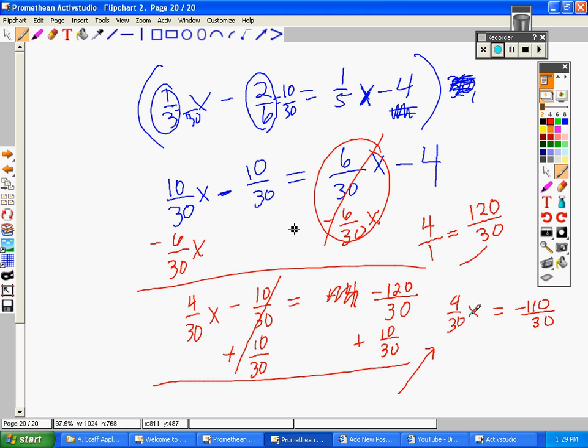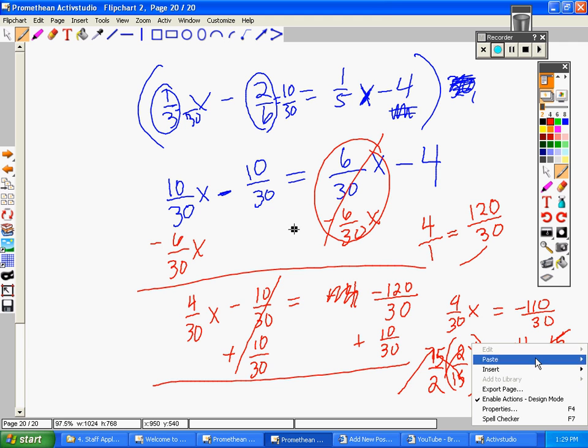4/30 x. Now, we're not adding and subtracting anymore, so if I want, I could reduce 4/30 to 2/15. And I could divide each of these by 10, reducing this to -11 over 3. I could do that because I'm not adding and subtracting anymore. I'm just going to be multiplying and dividing. So you can always reduce fractions if you don't need them in a certain form. We're going to get rid of the 2/15 by multiplying by the reciprocal, 15 over 2 times 15 over 2.